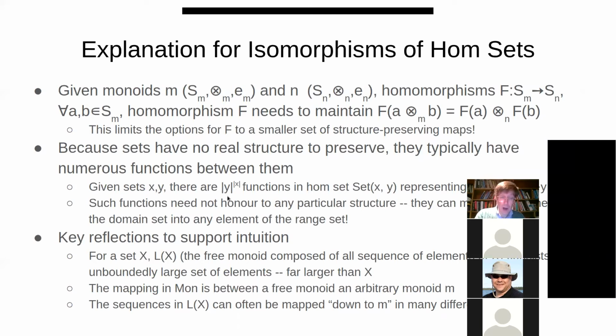Well, it turns out if X and Y are sets, you have this many functions: the size of set Y to the power of the size of set X. Now, it's not obvious, and you may forget which one is in the exponent and which is in the base. But humor me.